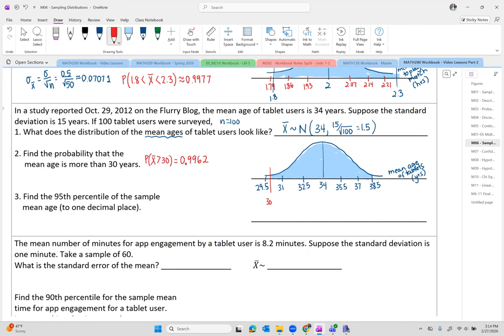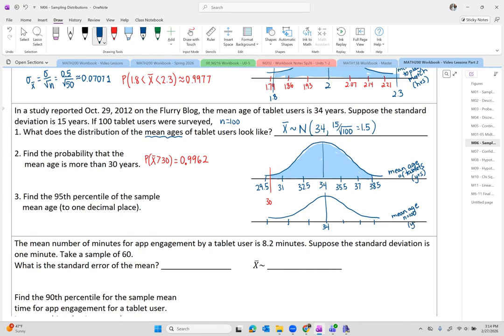Find the 95th percentile of the sample mean age to 1 decimal place. So again, this will be your distribution. Correct tick marks here. Label your axis correctly with numbers and values. Remember, this is the mean age of tablet users for sample size of n equal to 100.